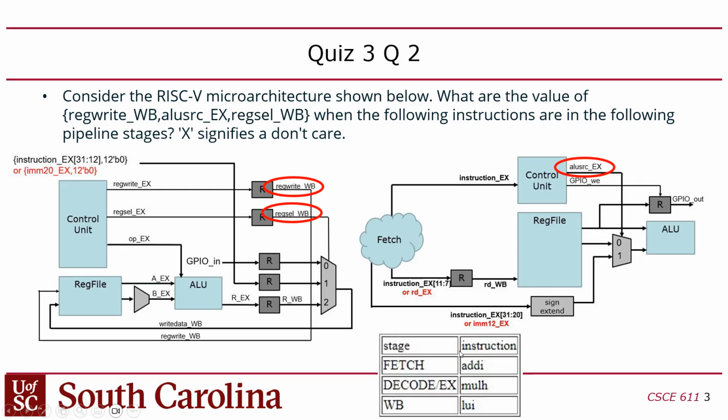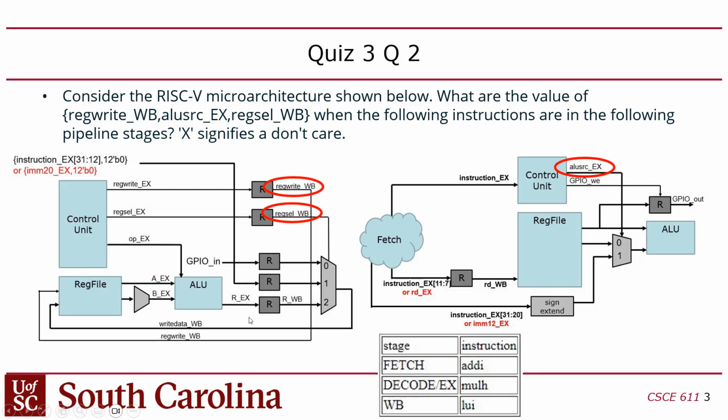Now, if the LUI was in the execute stage, then it wouldn't really matter what the ALU source is, because the ALU is not used for the LUI instruction. Now you might say, well, how does that determine? If the output of the ALU is not used for anything or is ineffectual, then any of the inputs to the ALU are a don't care.